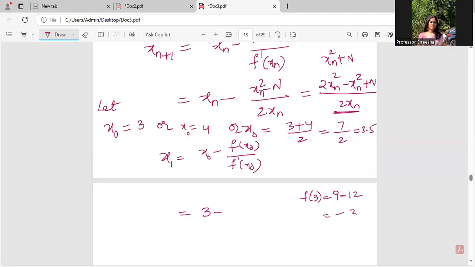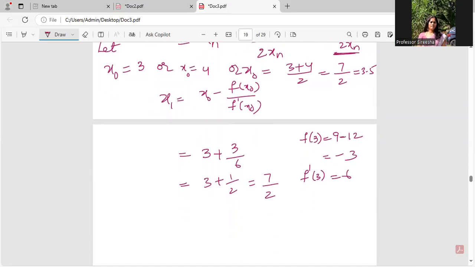So I'll be having minus 3. Minus of minus would be plus. Now f prime of x0 is 2x. F prime of 3 would be 6. So I'll be proceeding accordingly. 3 plus 1 by 2 is equal to 7 by 2, so it would be 3.5. The first approximation to the root would be 3.5.